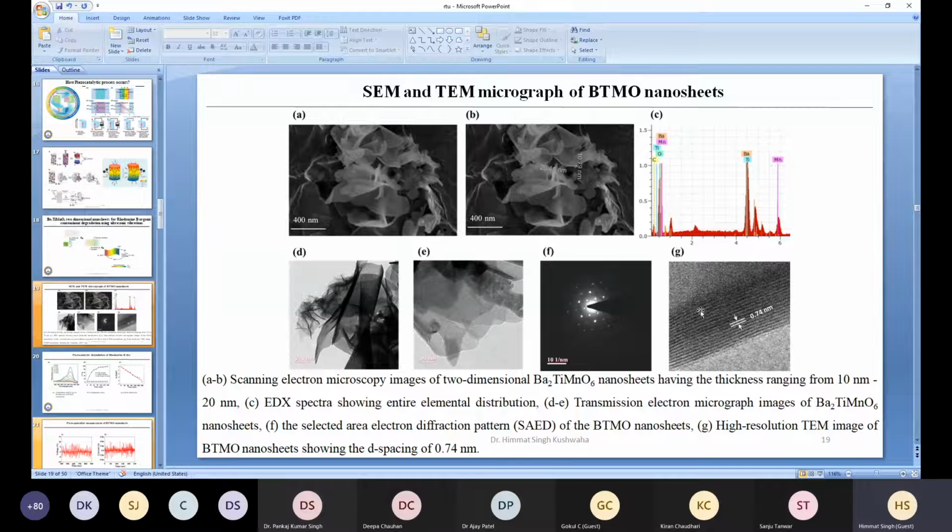You can see in this micrograph the thin nanosheets of this BTMO, barium titanium magnesium oxide, and in the TEM micrograph also you can see the thin nanosheets. These nanosheets have piezoelectric properties, and they work as nano domains and generate charge when we apply mechanical stress, and the pollutant adsorbed over the surface of these nanosheets will degrade.